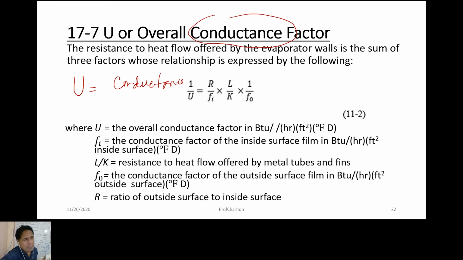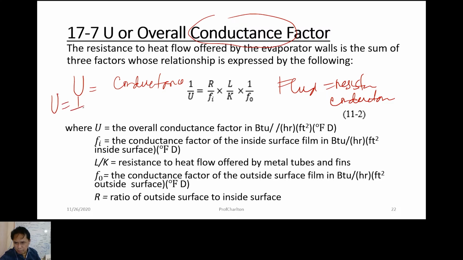But normally in electrical, for example, resistance, conductance, impedance, inductance, it is translated into fluid. So fluid also has resistance. Fluid also has conductance. So what is the formula and what is the relation? The relation is that U is inversely proportional to R. What is R? Thermal resistance.